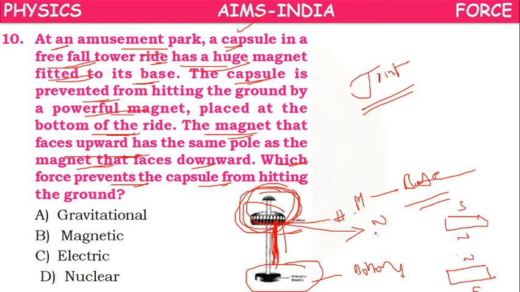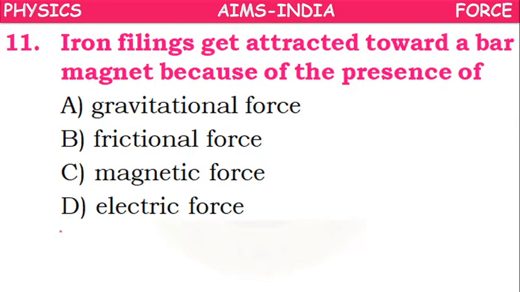Because like poles, both North Poles, repel each other, this part and this part can stay there without coming down. So this capsule will not come to the ground because of this repulsive force. This repulsive force is an example of magnetic force. So, magnetic repulsive force.